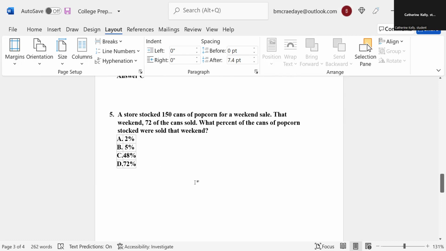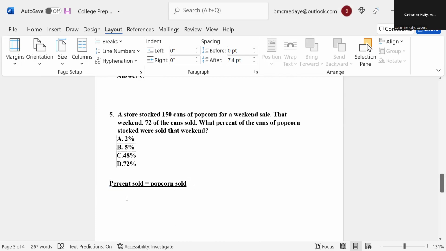Okay. In other words, your percent, let's just write it in words here. Percent sold equals popcorn sold divided by the total. Wait a minute.